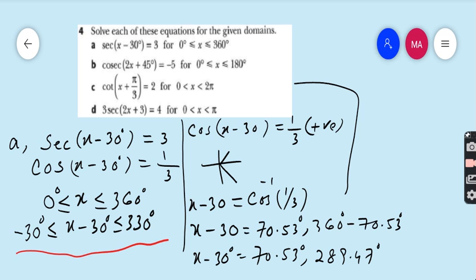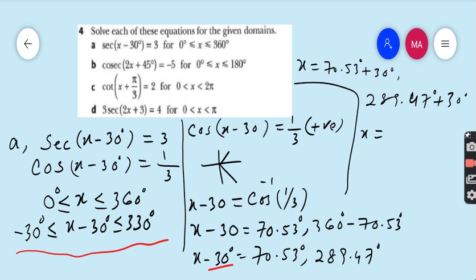But we need to find the value of x, so this minus 30 must be moved to the other side. So x is equal to 70.53 plus 30 and 289.47 plus 30.